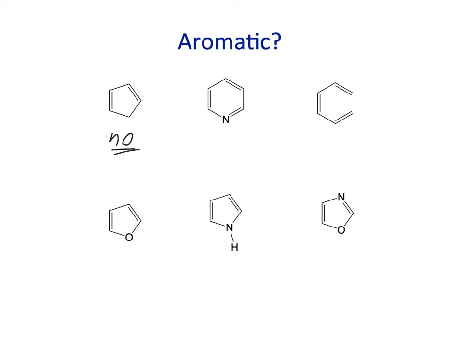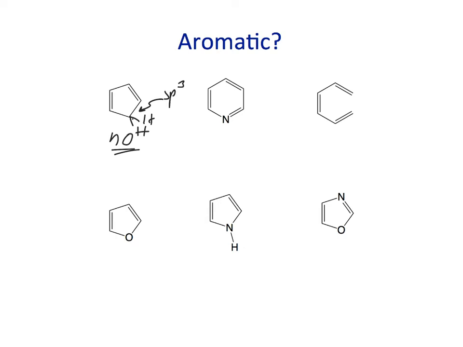It's not cyclic. Well, the upper left one is cyclic, right? It's in a ring. This one here, the other left. It doesn't have p orbitals on all of the carbons, because this position right here is sp3 hybridized.